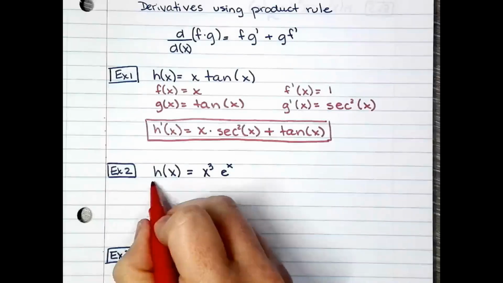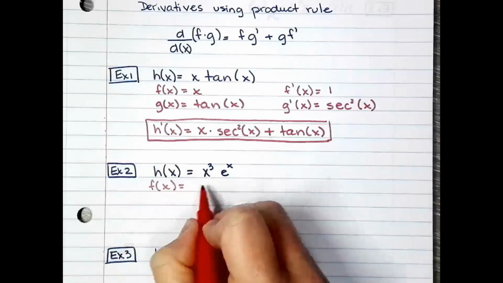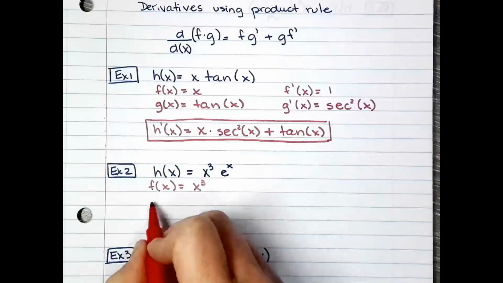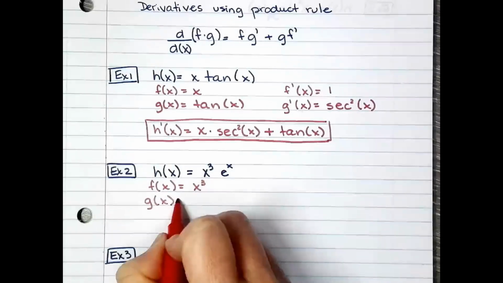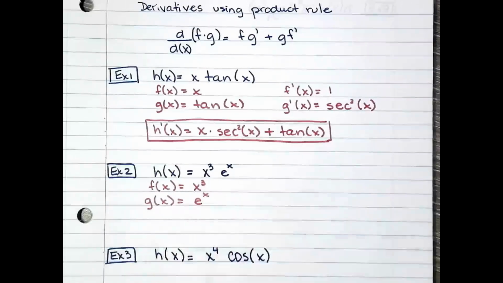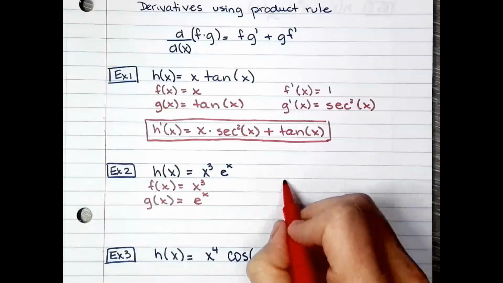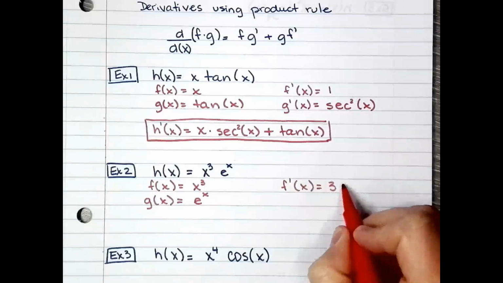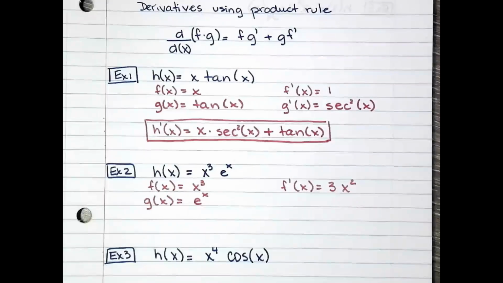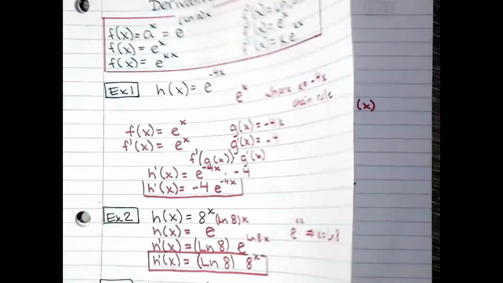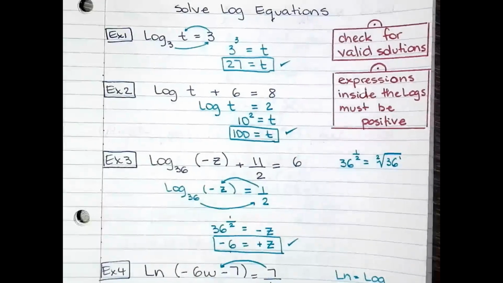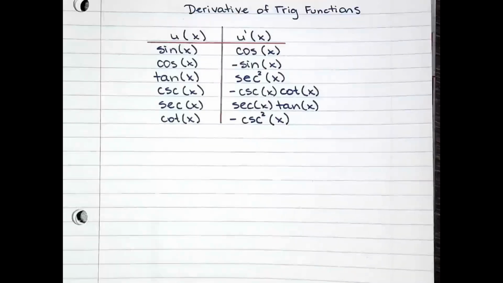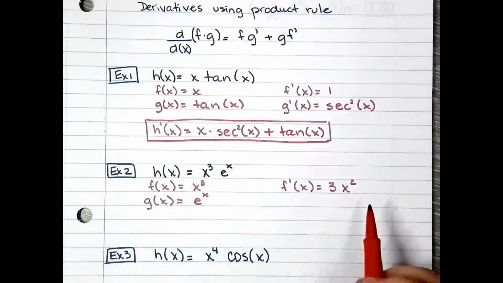Again, my f function is x cubed. G function is e to the power of x. Exponential that we just covered a couple days ago. Derivative of x cubed is 3x squared. If you can't remember this, it was so many days ago, I'll just review real quick.